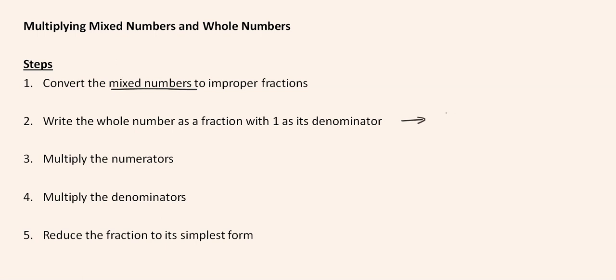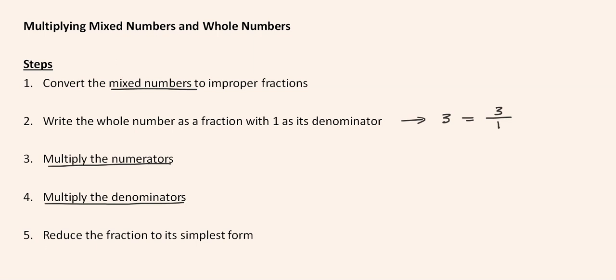For example, if our whole number is 3, we're going to write it as an improper fraction with 1 as its denominator. Then we're going to multiply the numerators together, multiply the denominators together, and then we're going to reduce the fraction to its simplest form if necessary. And I'll also show you how to convert that back to a mixed number.